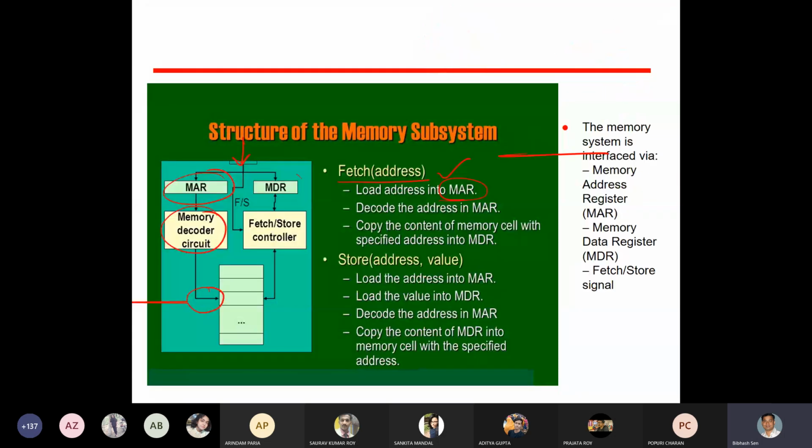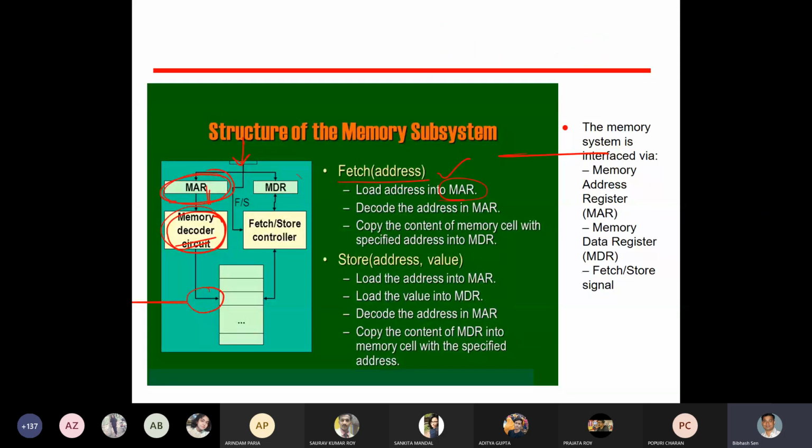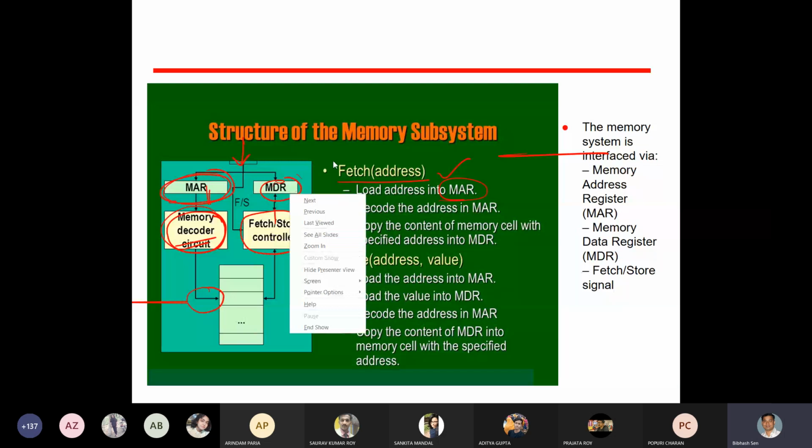So go to the decoder. You will find that from the memory address register, the value will come to the decoder circuit, and the decoder circuit will decode at which location it is present. As I mentioned, the location can be anywhere. Now from here the data comes out and will be loaded to the memory data register. Am I clear at this point?